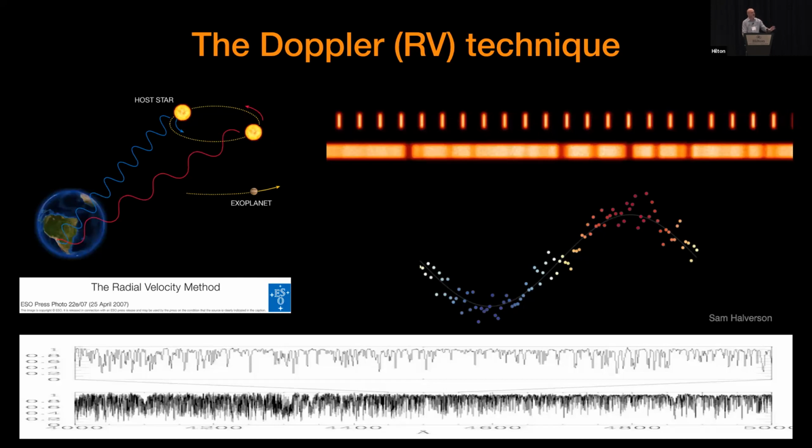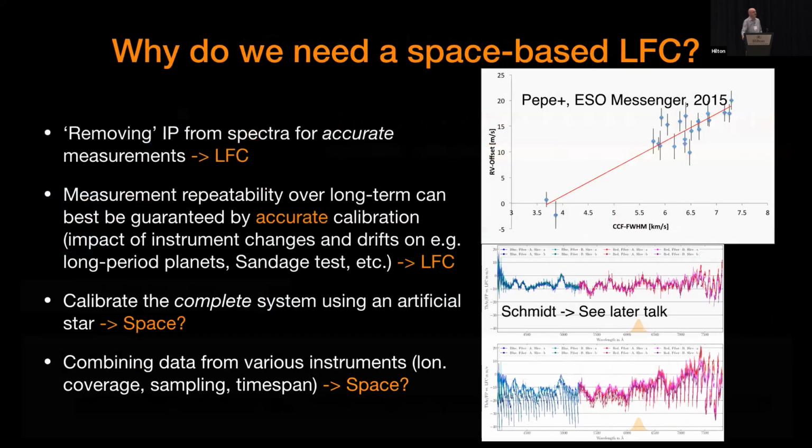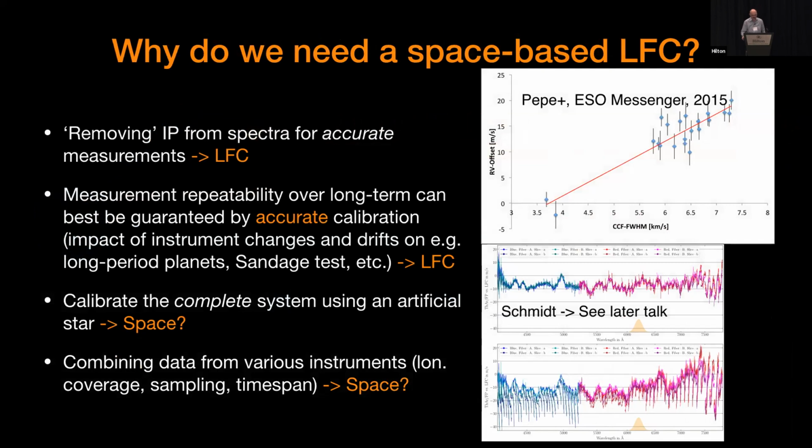So there are many reasons why you could be interested in accuracy as well. We were talking about the gravitational redshift. There are other science cases like the Sandage test, but even for planets, we may be interested in accuracy. And the reason for this is here.